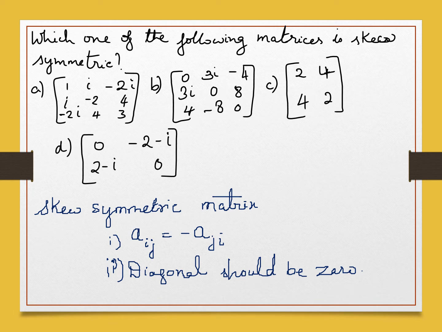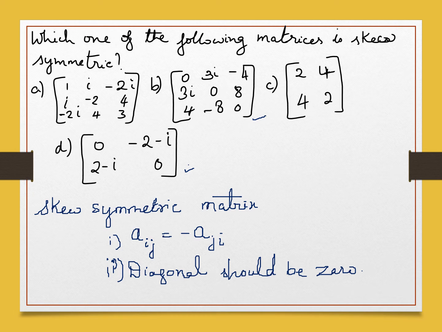So with the second property, we are left with two options, either the B matrix or the D matrix will be skew symmetric, because in both B and D the diagonal is 0. In the other matrices, the diagonal is not 0, so they cannot be skew symmetric.